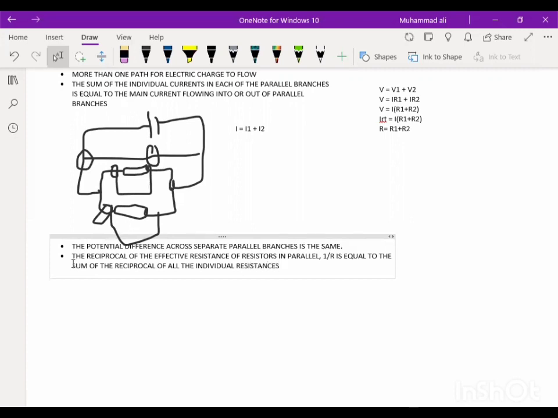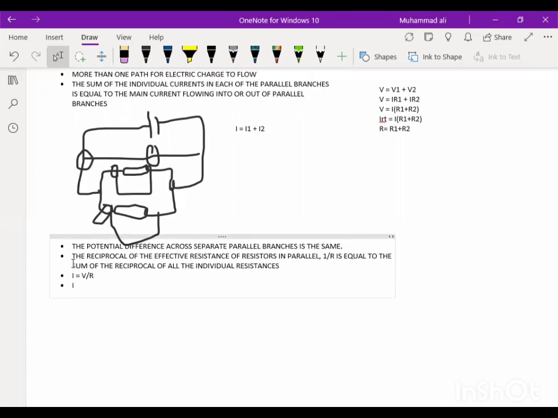Now for this I need to do a little bit of working, right? First of all, I know that I is equal to V upon R. I know this, right? And I know that voltage is going to be the same, so I'll not write V1, V2, I'll just simply write V because V is the same, right? So for example, if I'm saying I1, I know that I is not the same.